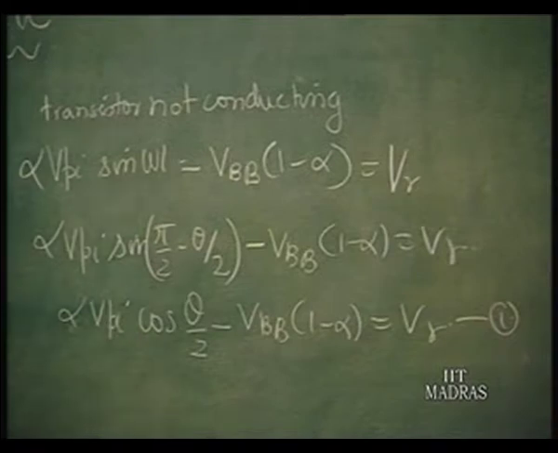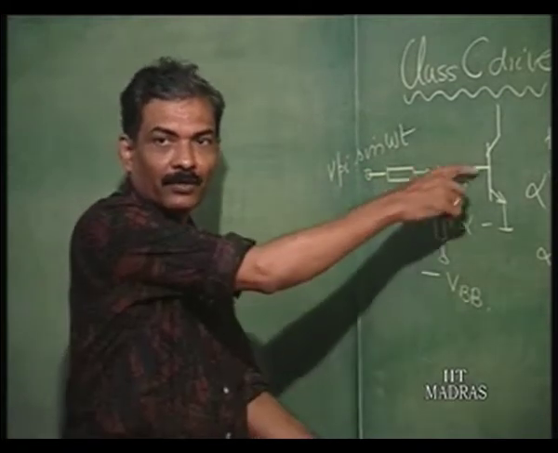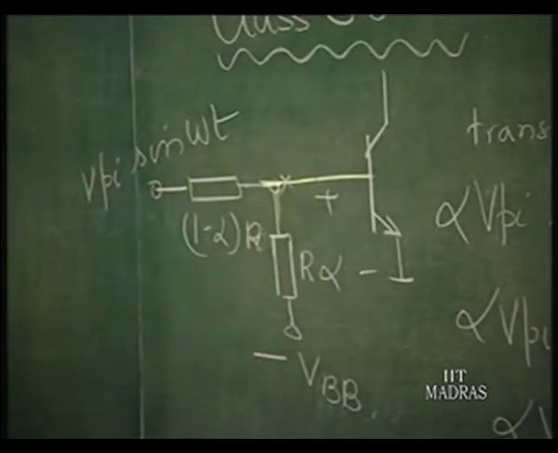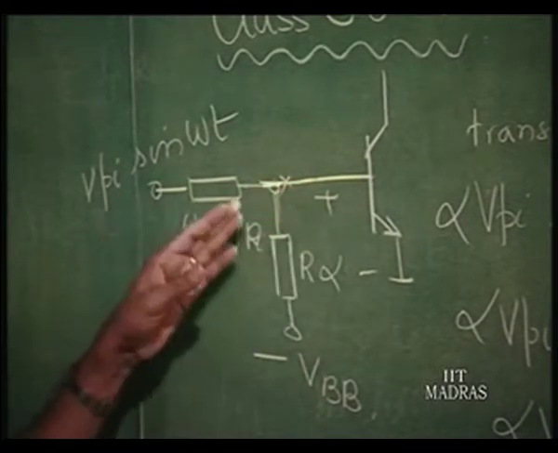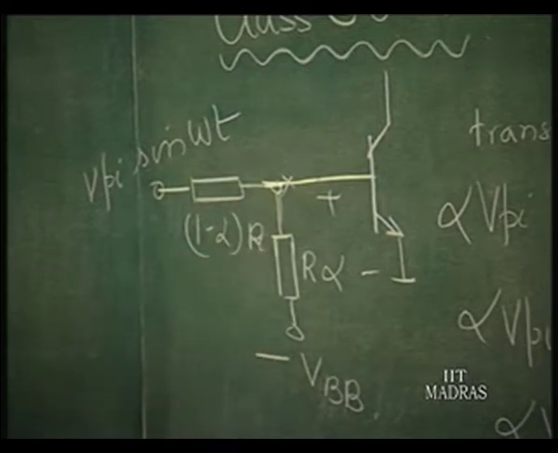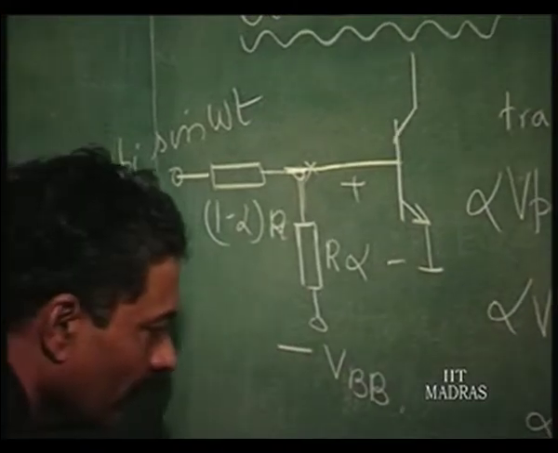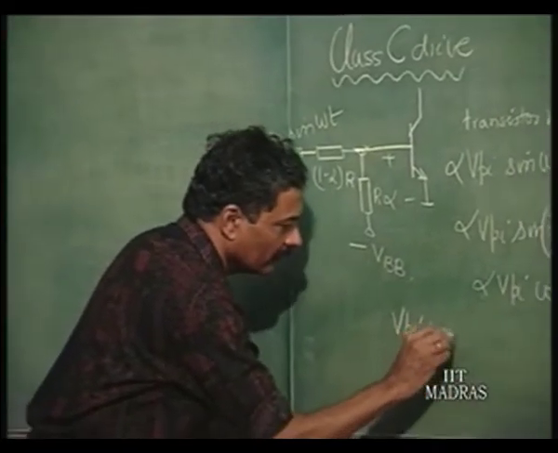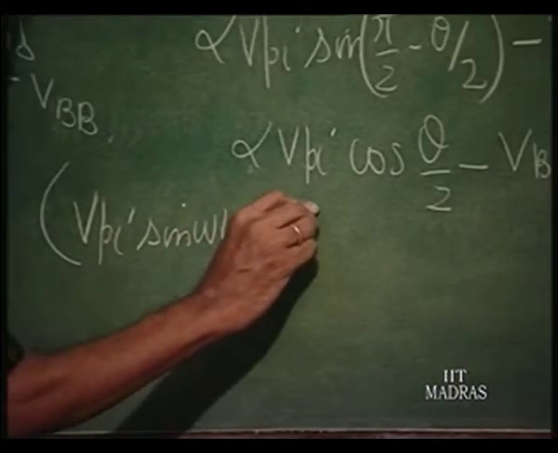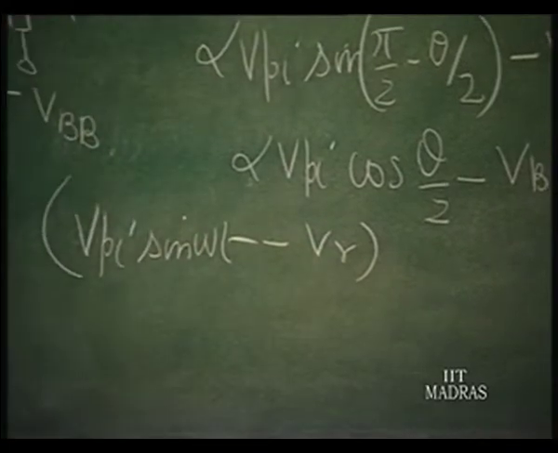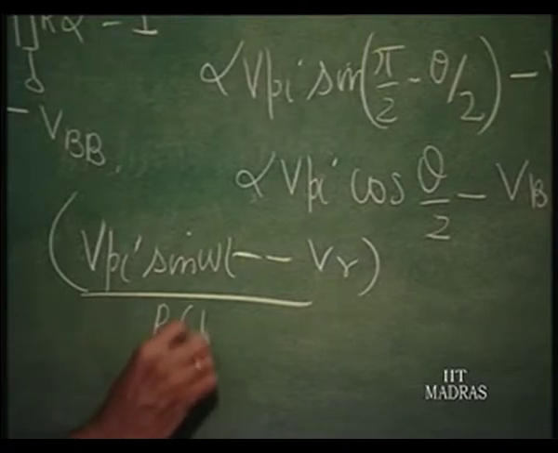So, 3 variables are there for us to control. Next, we also know that after conduction takes place, this is going to be a voltage source of V gamma, 1 volt. So, then we can forget about the constant current that this is going to drive. This will take away a certain amount of constant current, this will drive a certain amount of current. So, basically we have now Vpi sin omega t, thereafter once it starts conducting, minus V gamma, that divided by R into 1 minus alpha.